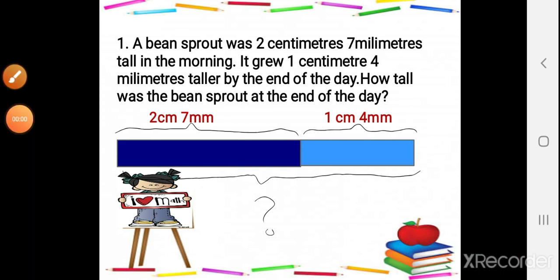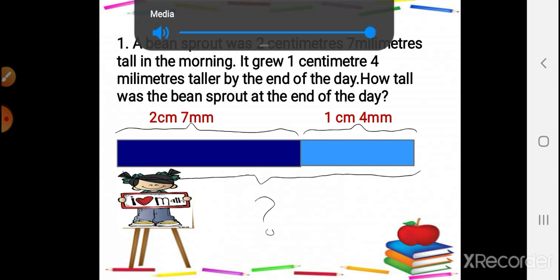the bean sprout. So for solving this word problem, we have to follow those 4 steps which I told you before. If you remember, the first step was to understand the word problem. We know that the word problem is about the height of the bean sprout. The second step was to plan what to do.